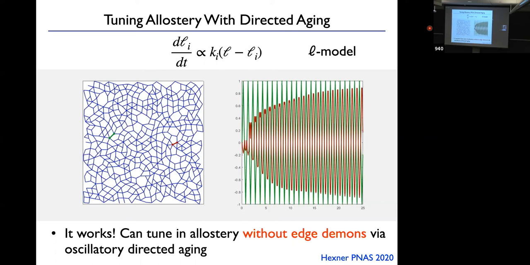Yes. In fact, what we did was the simplest case, just a single source, and asked how many targets we could tune simultaneously. And what we found was hundreds. In other words, in a network of 1,000 nodes, we could tune more than 200 sites to have allosteric response, a response of order 1.